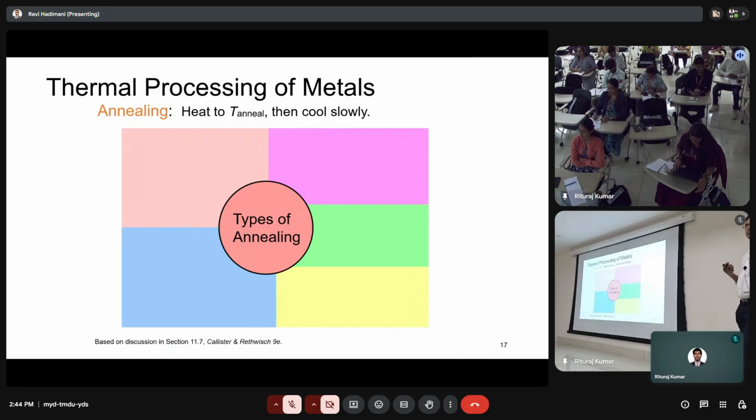Does anybody remember what that temperature is? 0.6 times the melting temperature, right? That's when you get recrystallization. But there are all types of annealings. But if you want to recrystallize, or you want to refine the grains or refine the crystals, then you have to go up to 0.6 times the melting temperature.